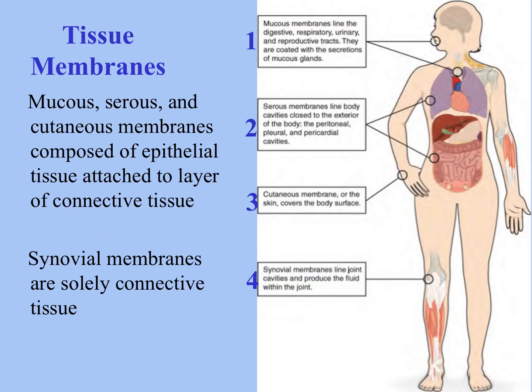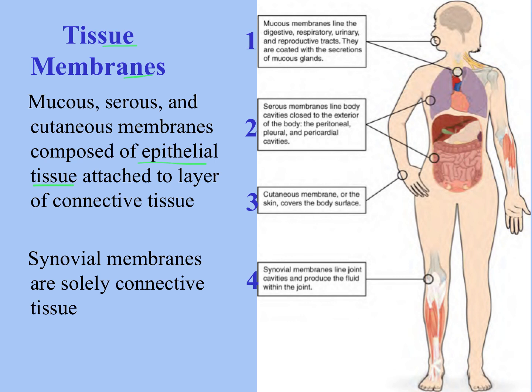Now, as an introduction to various things we're going to talk about once we get to specific anatomy, are tissue membranes. And tissue membranes are various types of membranes composed of epithelial tissue that provide some sort of function on the surface in which they are contained.